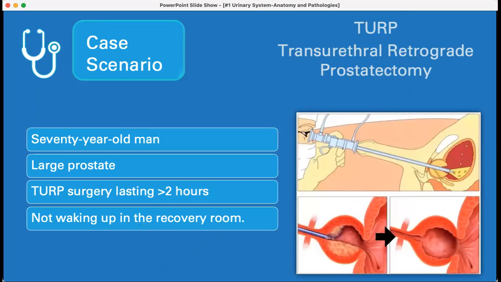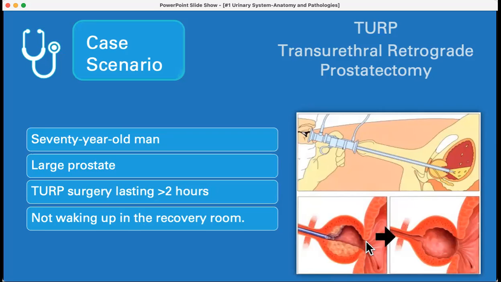The treatment of this is called a transurethral resection of the prostate, and it's called a TURP, T-U-R-P for short. This is where the surgeon, under either general or spinal anesthesia, puts this rigid scope into the urethra, with fluid circulating.